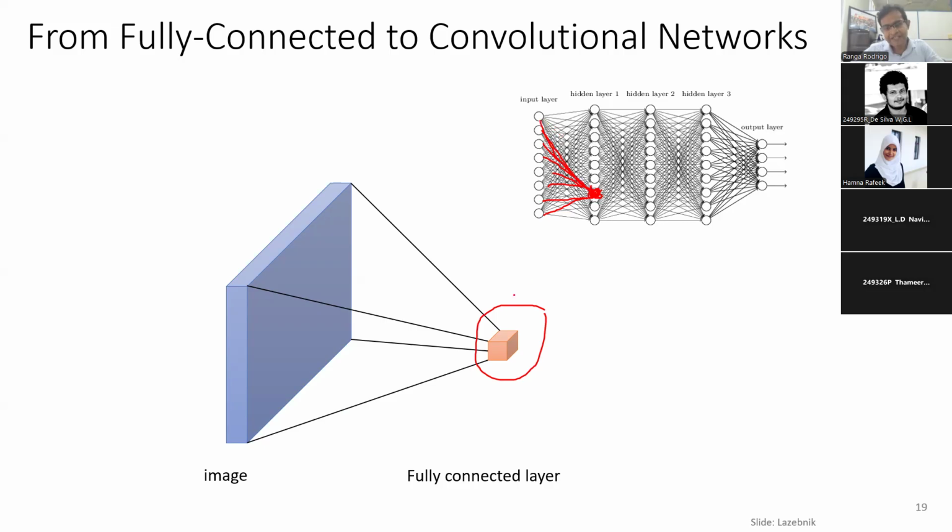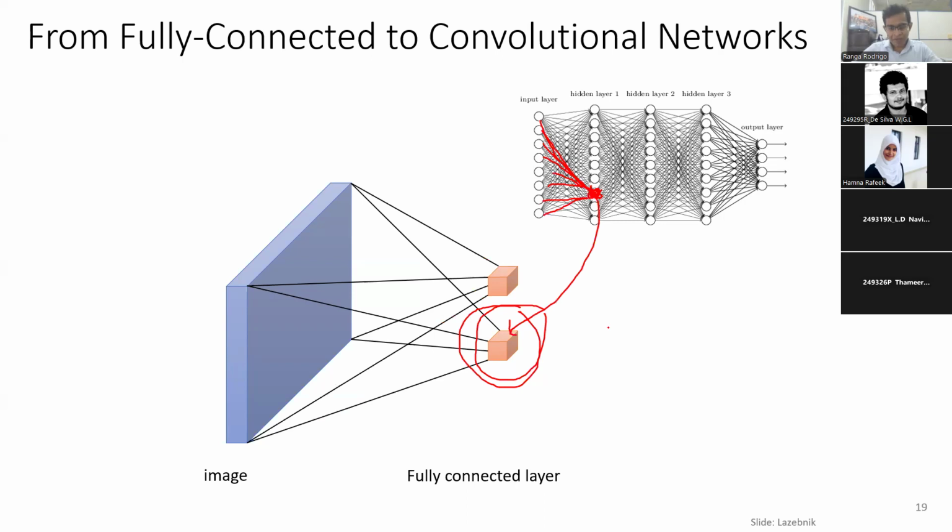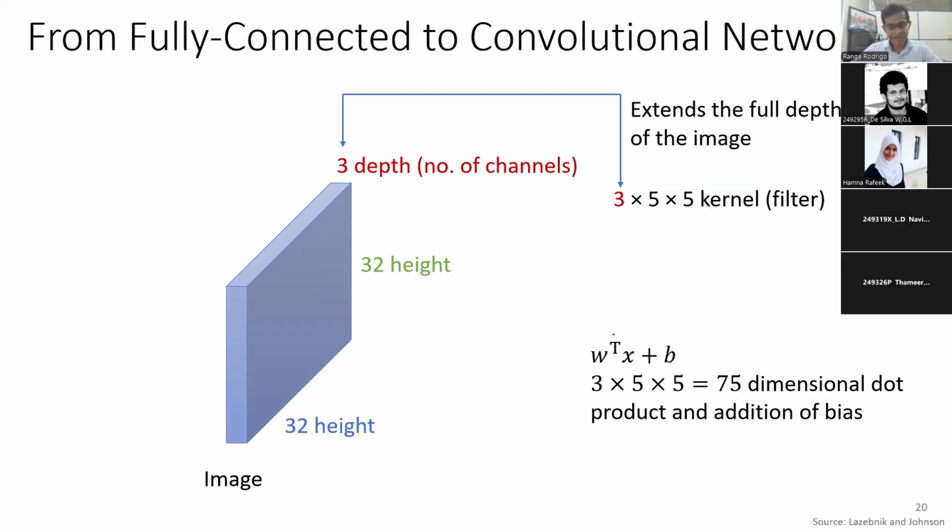All the pixels in the first layer contribute to computing this value, this value, this value. To compute this node's value, all the pixels contribute. All of them are fully connected. That's the meaning of that. But convolution is not like that.